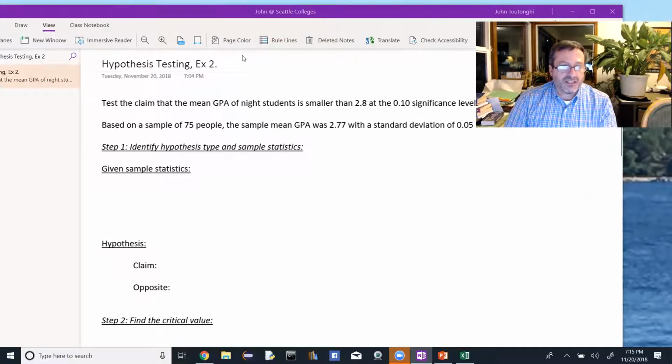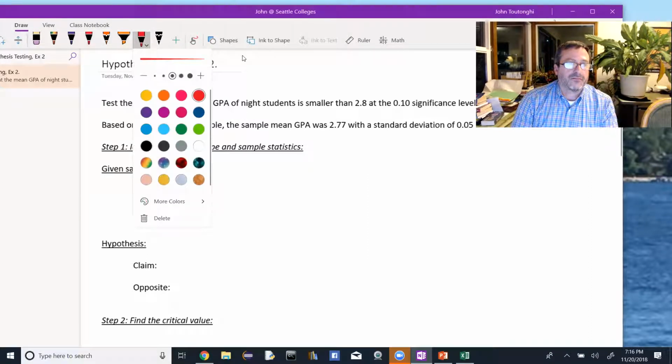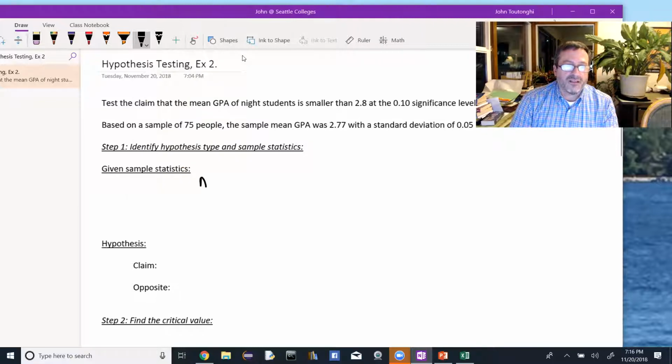So our sample statistics, let's see. Let's go with black. n is 75.